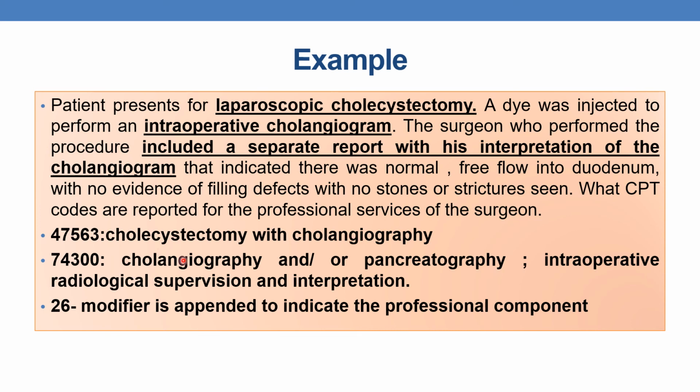The next is, additionally, the surgeon who performed the procedure included a separate report with his interpretation of the cholangiogram. 74300, cholangiography and/or pancreatography, intraoperative, radiological supervision and interpretation, because he has interpreted the cholangiogram and that is an intraoperative procedure. This CPT is given 74300, and additionally 26 modifier is appended to indicate the professional component.